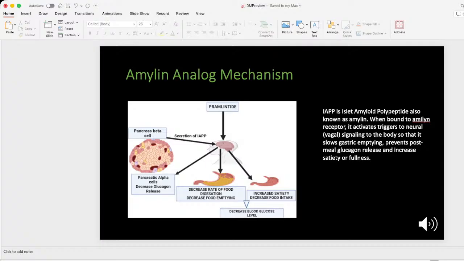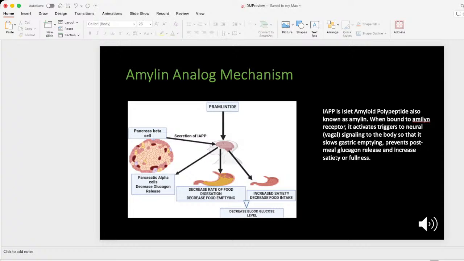You're going to see later in the slides how GLP-1 agonists are going to play a role in both types of receptors. But in this case, you've got pancreatic alpha cells, which decrease the glucagon release. That's where the glucagon gets released.